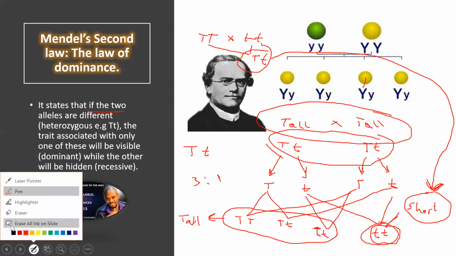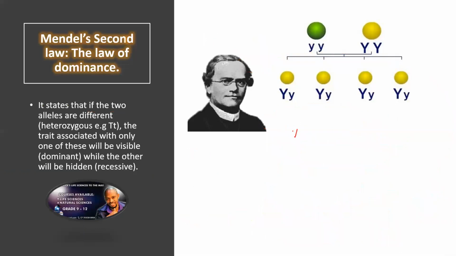If two alleles are different, e.g. Tt, this is heterozygous, the trait associated with only one of these will be visible, while the other trait will be hidden. Therefore, the trait that was always showing up or being visible in combination of the two different alleles, he called that trait the dominant trait. Otherwise, the dominant allele.